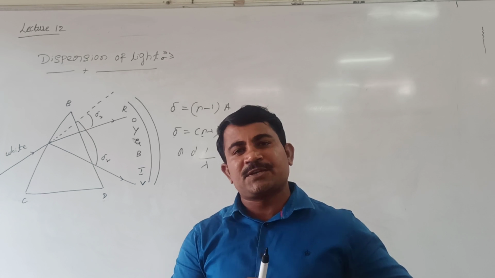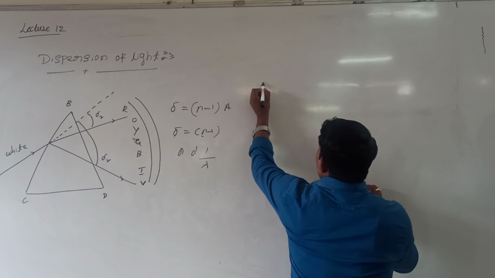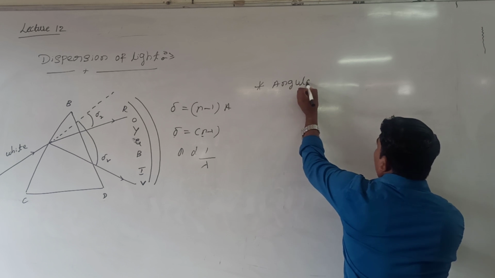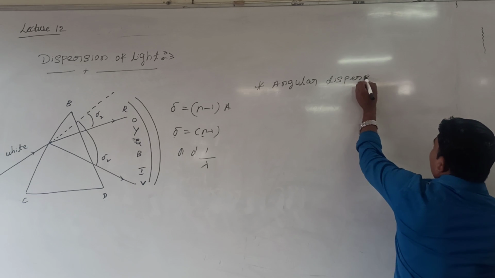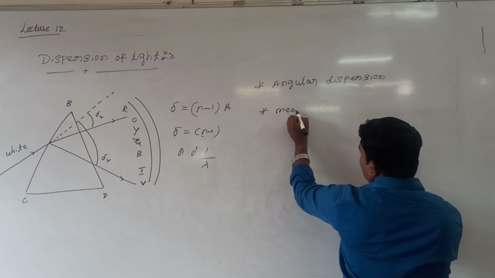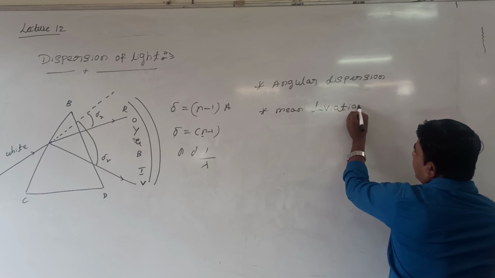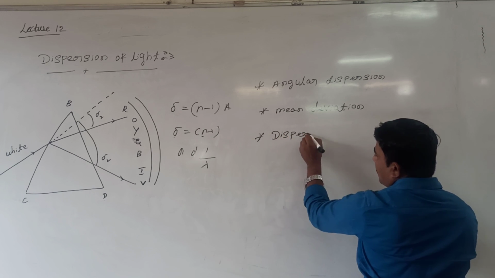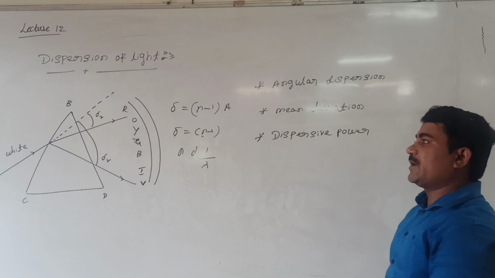One is angular dispersion, second is mean deviation, and the last one is dispersive power. These 3 physical quantities we are defining.